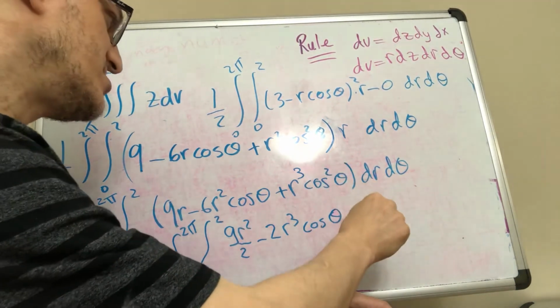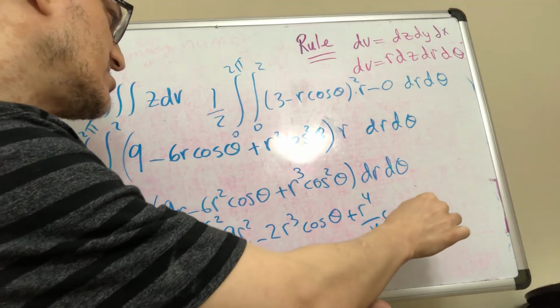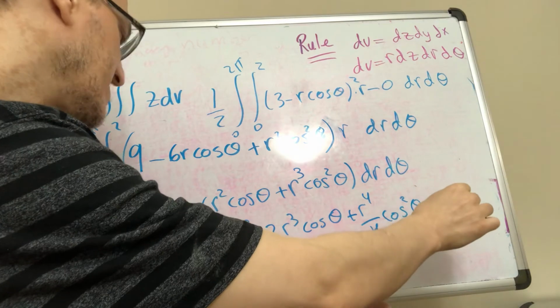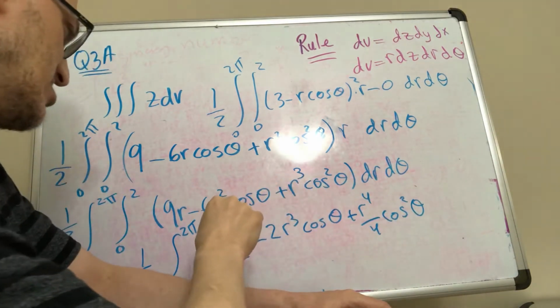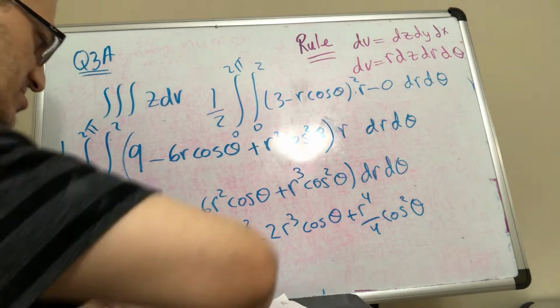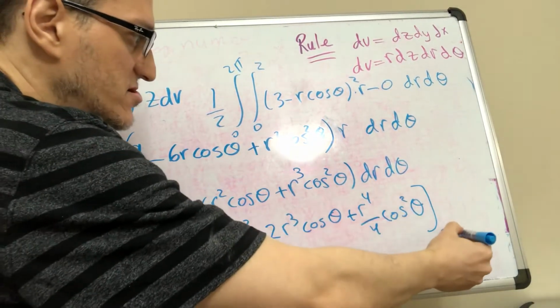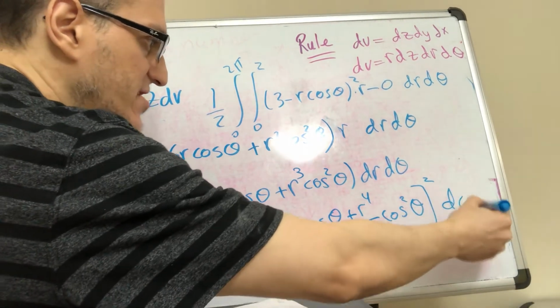And this one would be r to the power 4 over 4 cosine squared theta. We did the integration, so we don't have to use these to show the 0 to 2 and d theta.